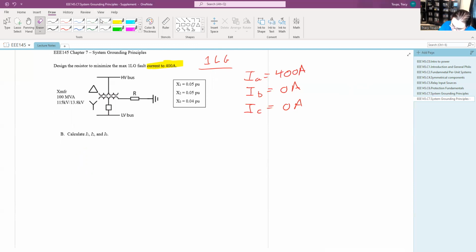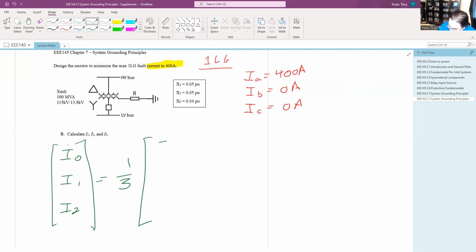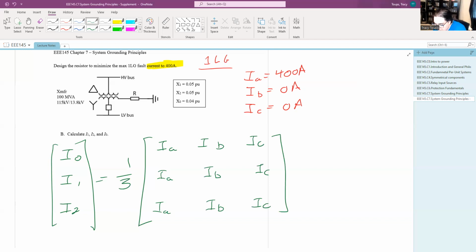Now, to calculate I1, let's just go with the matrix. If you remember, we have a matrix I0, I1, I2, which is equal to 1/3 times a matrix of IA, IB, IC. Now there are some alpha operators, and I never memorized which one's which.